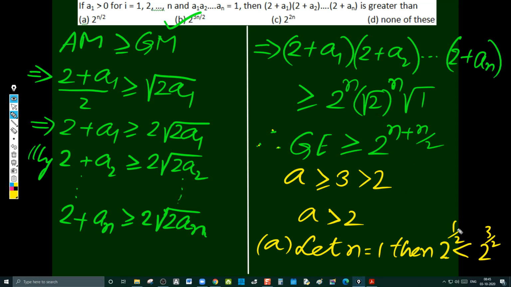So you can say, yes sir, A is also correct because the given expression is greater than or equal to 2 power 3n by 2. Obviously 2 power n by 2 is less than this. It is greater than 2 power n by 2. So your option A must also be correct.